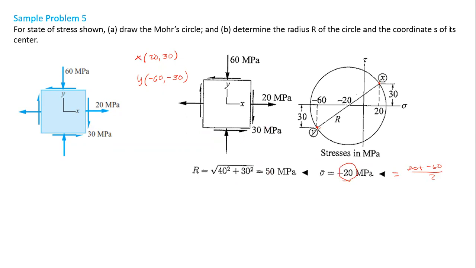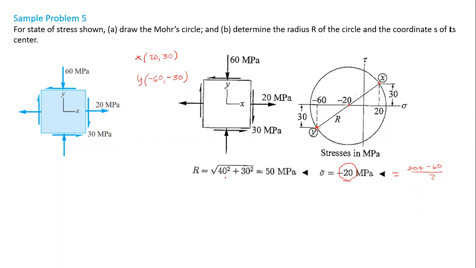So radius, so by looking at this, so kabalutan nga ang coordinates ani is ang center is negative 20 and 0, then ang kani is negative 60, 30.